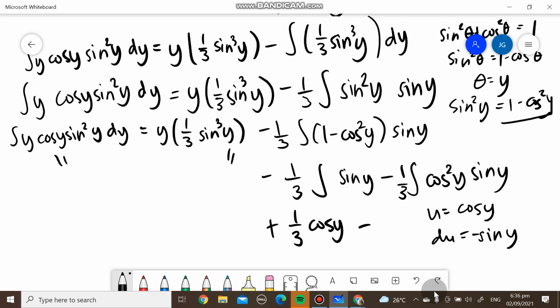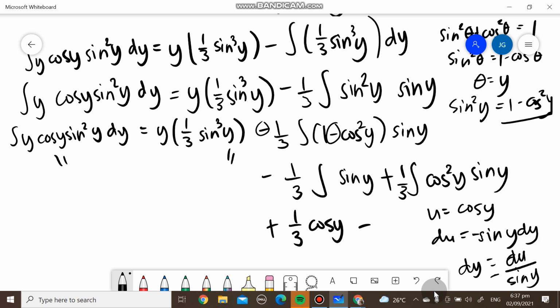So, dapat magiging positive na siya kasi negative, dapat positive na to. So, dy, so the value of our dy is equals to du all over negative sine y.